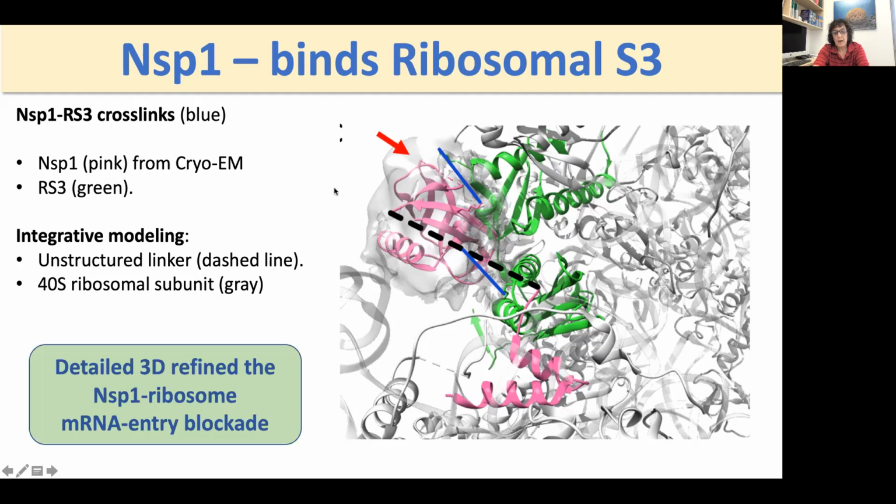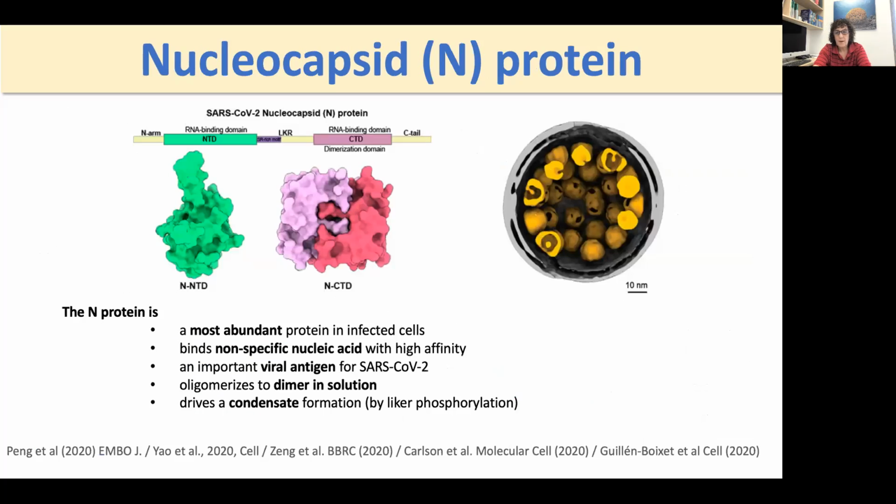Therefore, we were able to get a detailed 3D refined model of NSP1 where it's bound to the ribosome and prevents the mRNA entry.